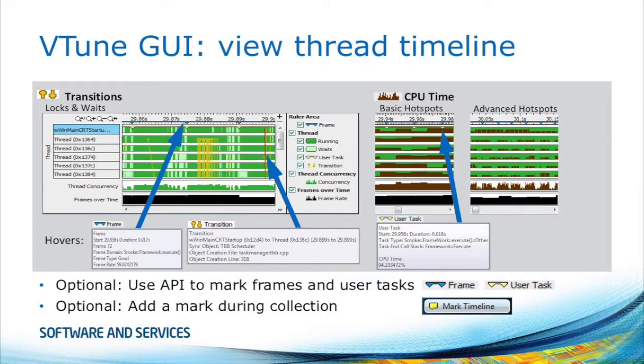All right. Then the other thing that we have is, anytime you take a lock in your code, what you will see is transitions between your threads telling you why a thread transitioned to another thread. So for instance, it tells you that there was a sync object. In this case, it was the TBB, the Threading Building Blocks scheduler. And the object it was syncing on was in task manager TBB CPP line something.